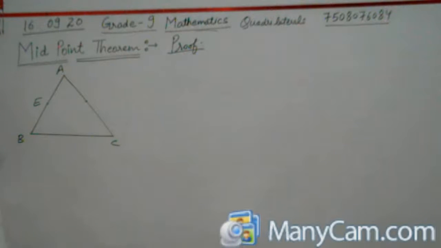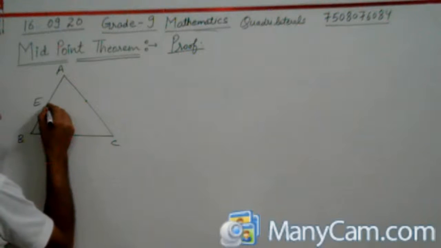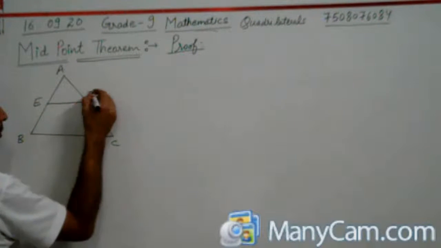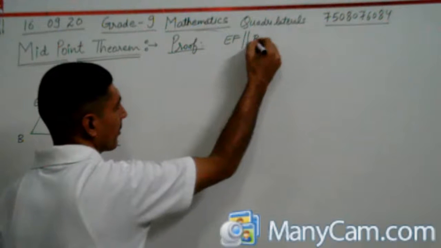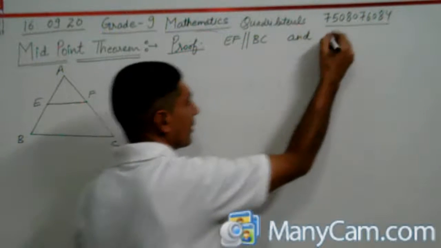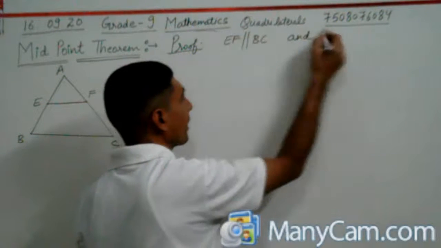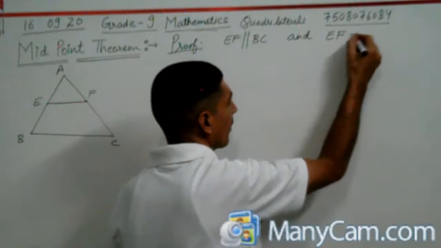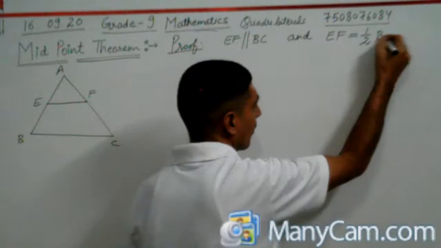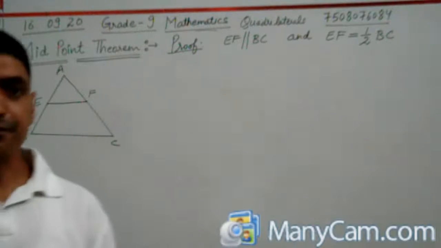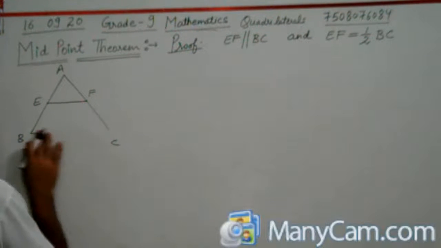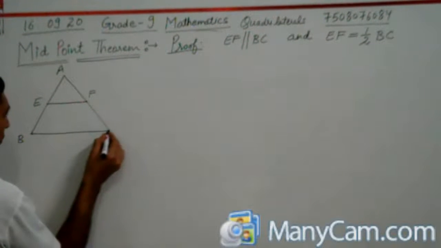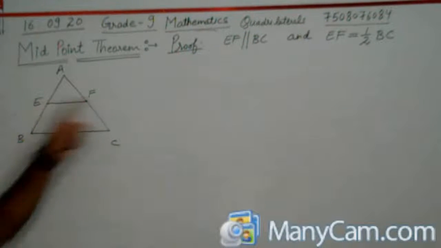Here, what we want to prove is that EF is parallel to BC and EF is half of BC, where E and F are the midpoints.